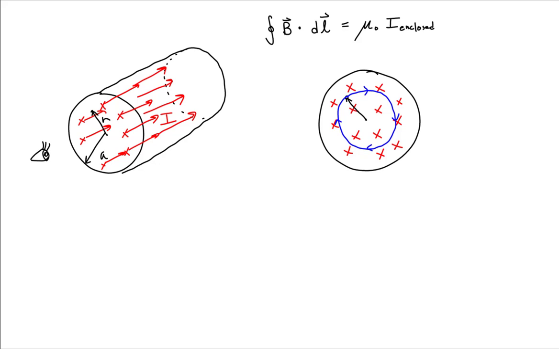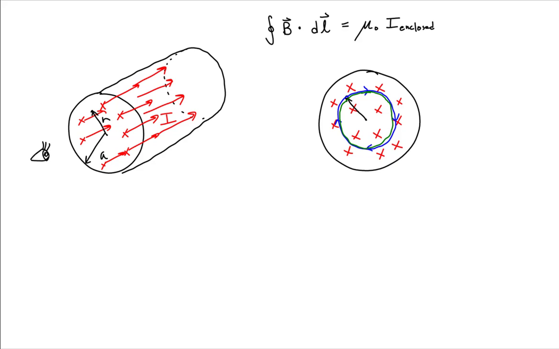So let us take that magnetic field line and use it as the basis of our Amperian loop. So our Amperian loop will then be a circle, and that circle matches the symmetry of the magnetic field.